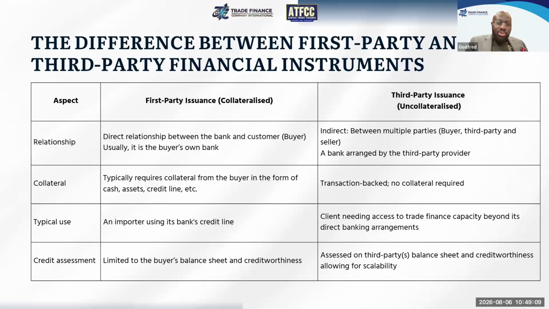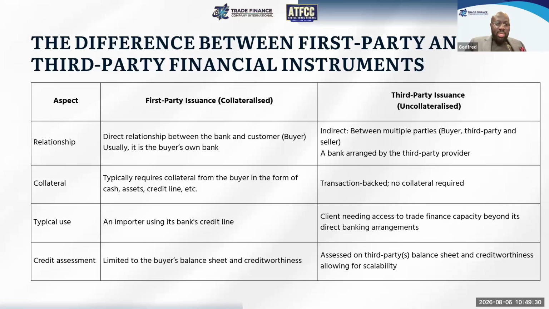As for typical use, in a first party the importer uses its bank's credit line. Under a third party, clients need access to trade finance capacity beyond their direct banking arrangements.